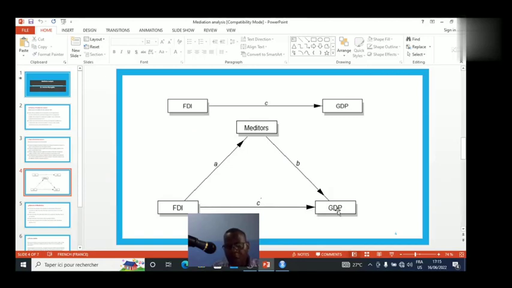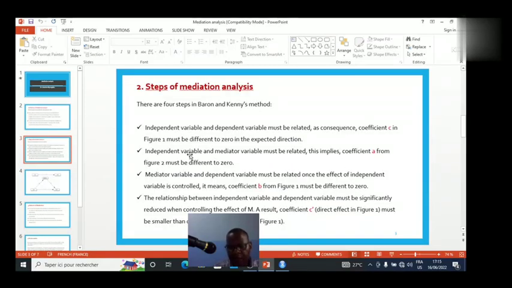That means when you regress FDI plus mediator variable on GDP, the coefficient of FDI will be significantly reduced. That means it will be less than the coefficient you got when you regress FDI on GDP. That's what this step means.